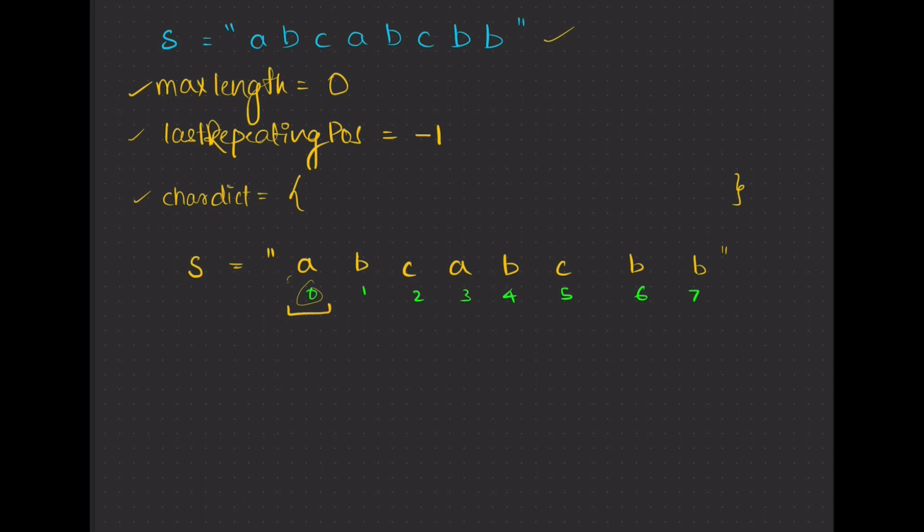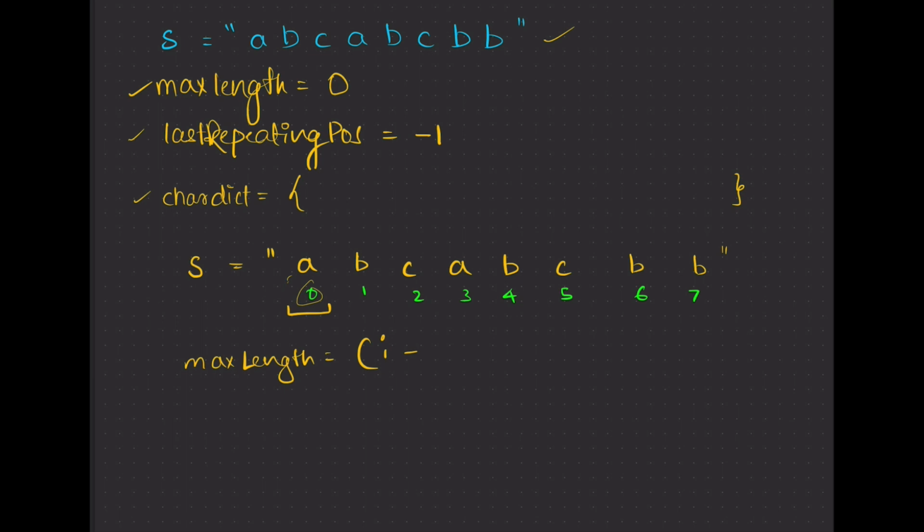Now, there is a specific formula to calculate the max length to shrink or increase the window. So max length equals the index it's at, let's call that i, minus last repeating position.